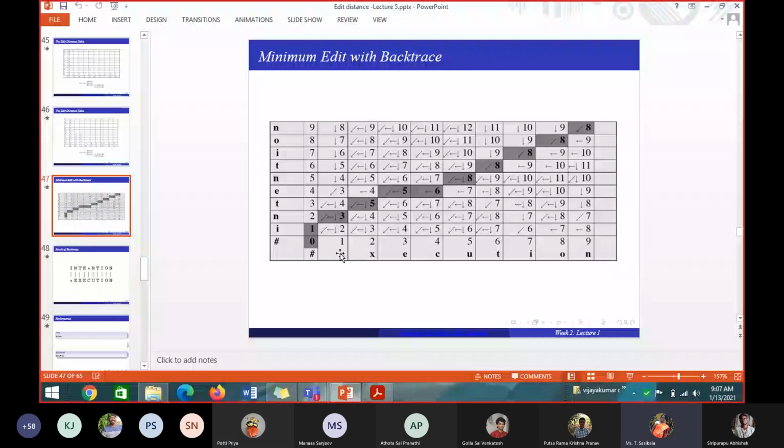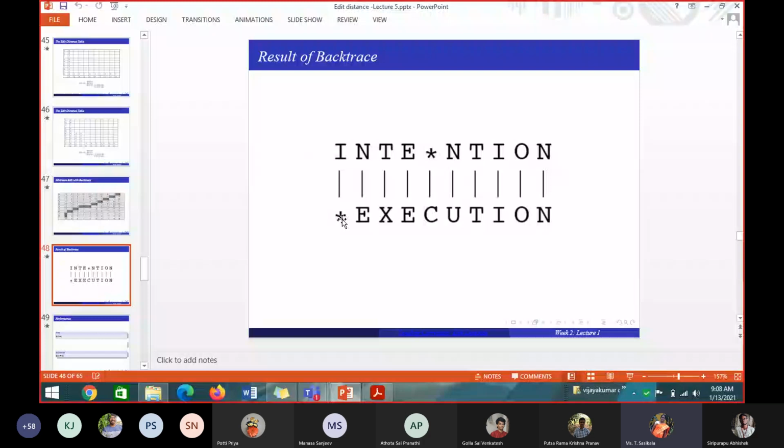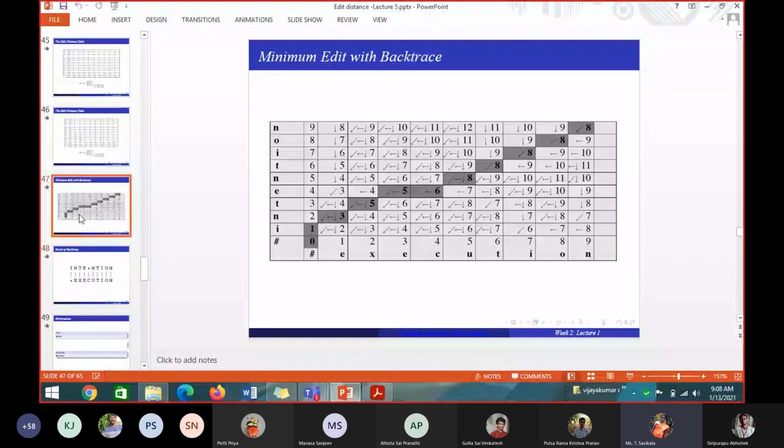Very good. That's why I have written n in the input string: on top you write input, below you write output. I is replaced by star, that is deleted. N in the input string is replaced by E in the output string. Next, what is the next character in my input string?